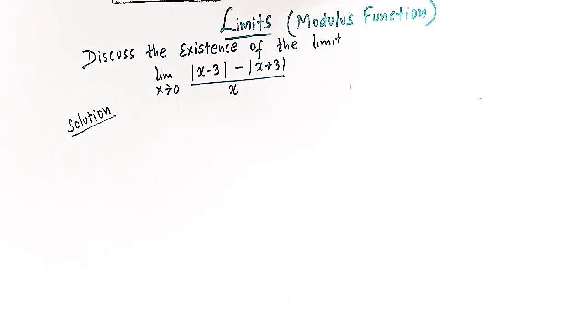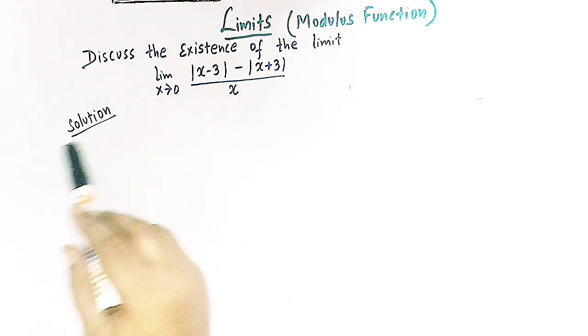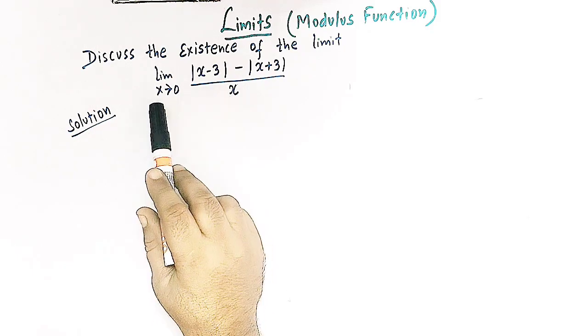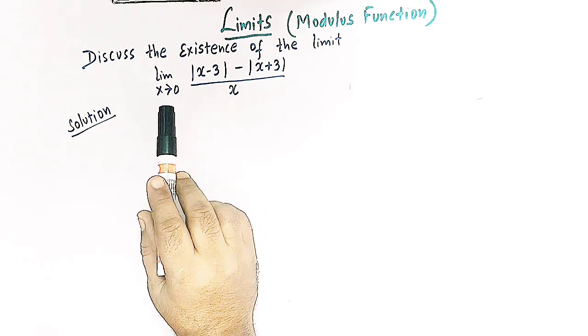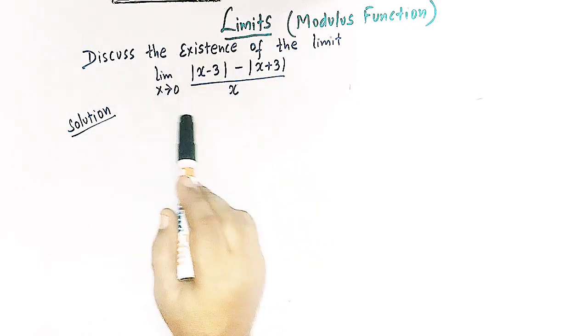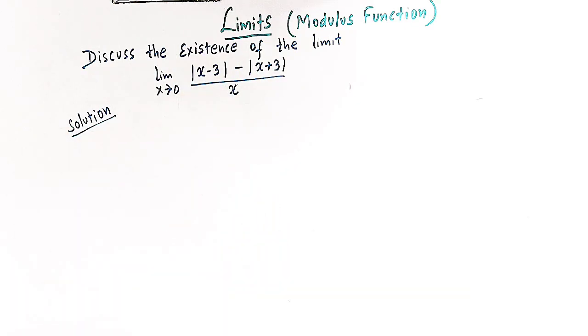So here in order to discuss the existence of this limit, we have to make use of the definition of mod function, right? If we use the definition of mod function, then we can easily arrive at the right hand limit and the left hand limit of this function when x approaches 0. So to test the existence of this limit, we'll find the right hand limit and the left hand limit, and then we'll draw the conclusion, right?